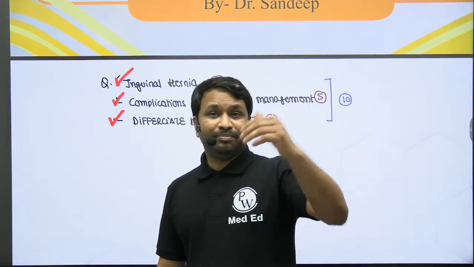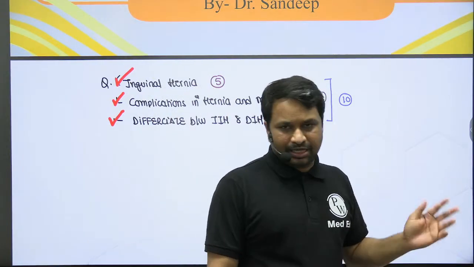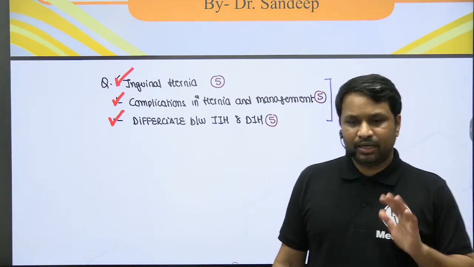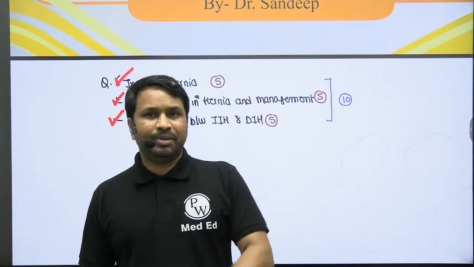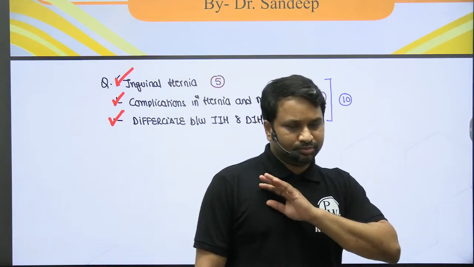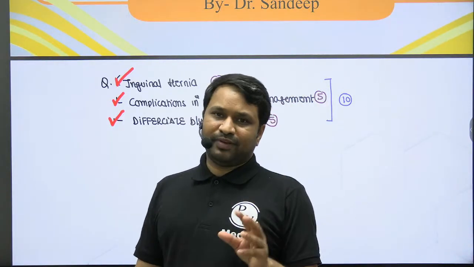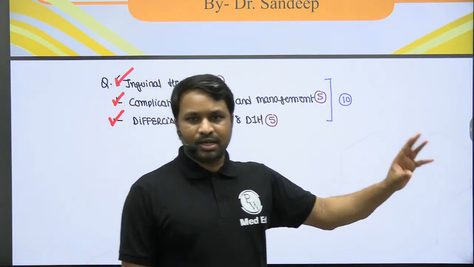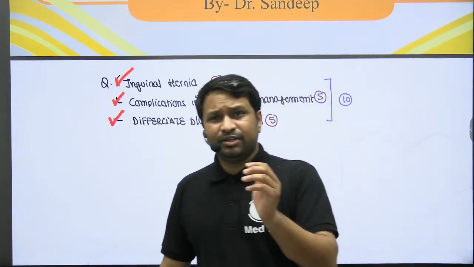If you want an even better source, then the answer is going to be Bailey and Love. There is no replacement for Love and Bailey. Every single student in the final year should read Bailey and Love, right? So there is no if and but. Just before the exam, to brush up and revise, you can switch to other books, but I strongly recommend reading Love and Bailey, at least volume 2.